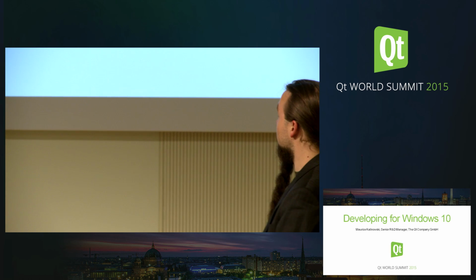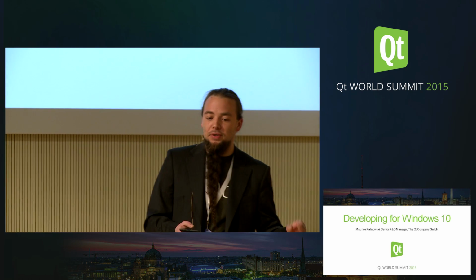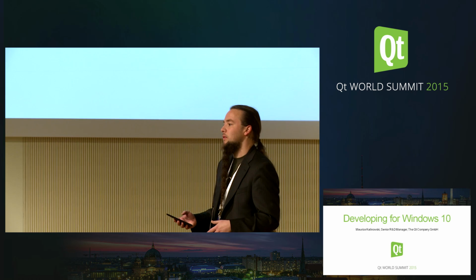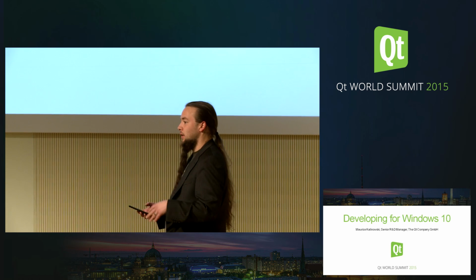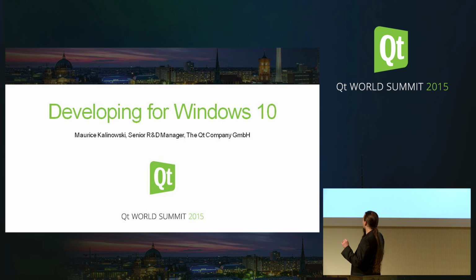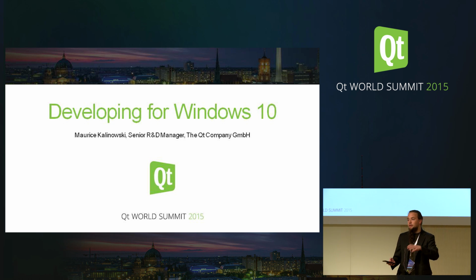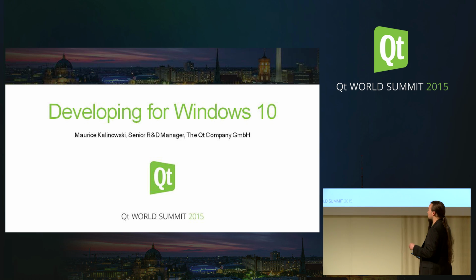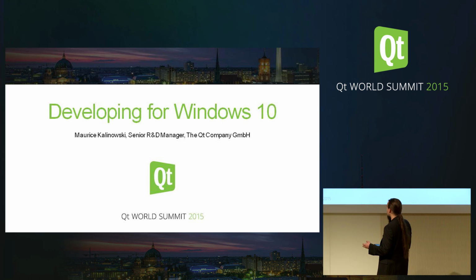The agenda for today: we're going first to talk about what you need to do with your system, how you can update, and what you need to install from the Microsoft side to get started. Afterwards, we're going to talk about how to set up Qt. We're going to show how you set up Creator, create a kit, start debugging, how all those things come together. Following that, I want to go into platform-specific items.